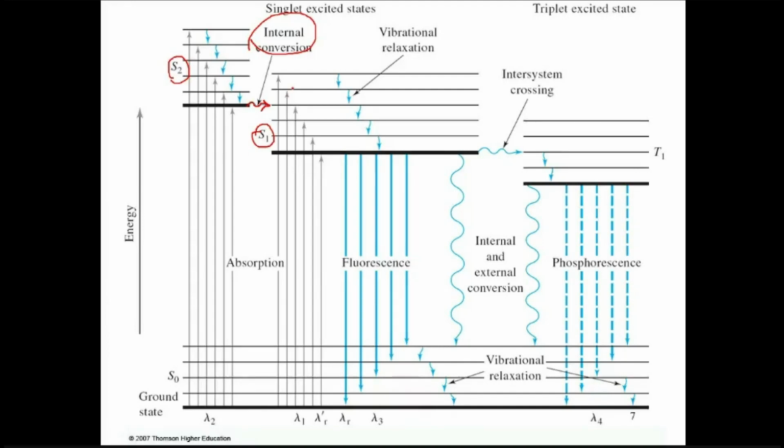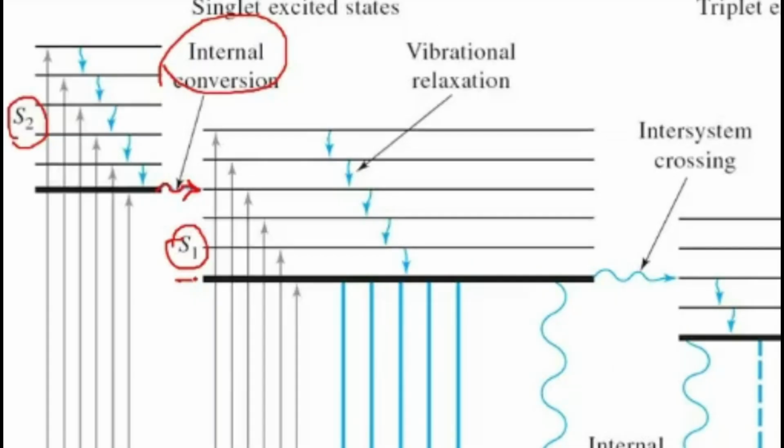Now, the electrons of the molecule may come into S1 from S2, or they may come into S1 by directly absorbing energy from the ground state to S1. Anyway, when the molecule comes to S1 at any vibrational level, ultimately all the molecules are going to reach the lowest energy level of S1.